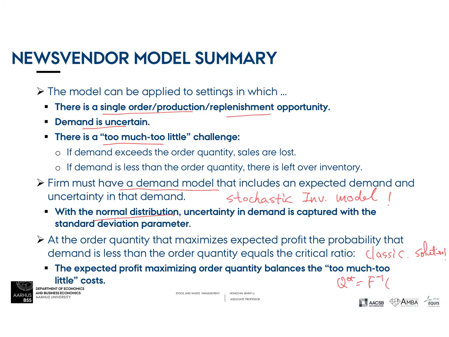Try to balance the underage and overage costs in order to maximize the profit. So we have talked about a lot, but the key point in this lecture is that you are able to calculate or evaluate your newsvendor decisions based on the different performance measures.